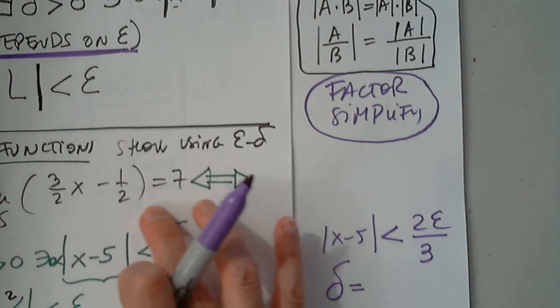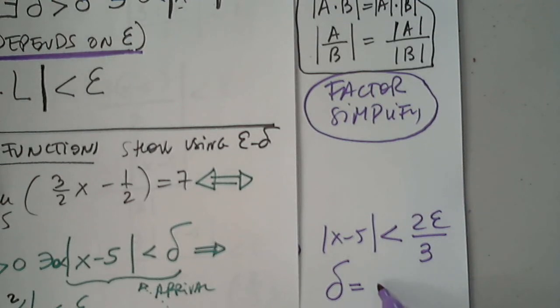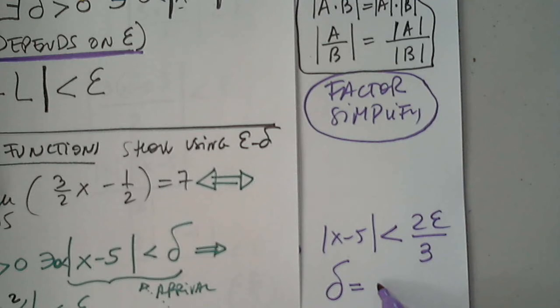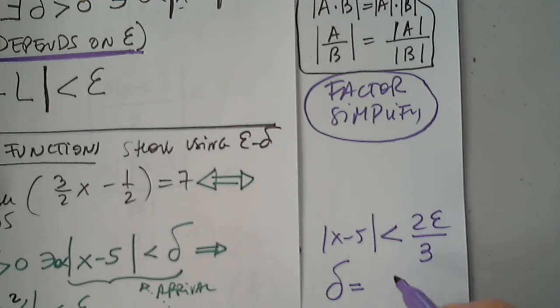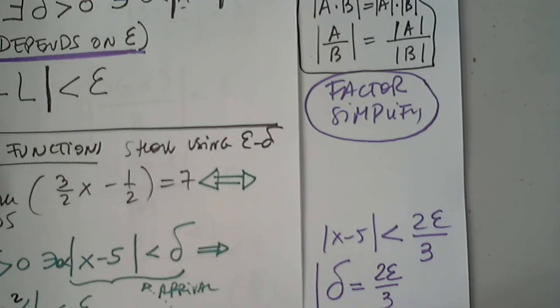So please compare this piece to this piece and identify delta for us. Two-thirds epsilon. That's it. Great job.